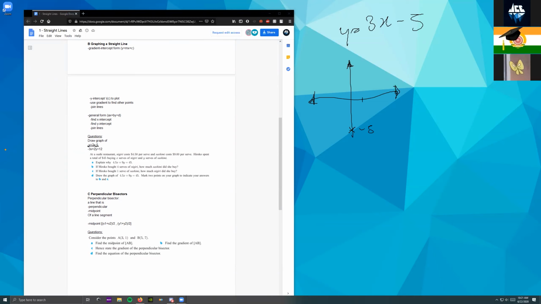If it's 3x, that means the gradient is 3, rise over run. Every time you move one coordinate, the coordinate moves upwards or downwards by 3 times. So if this is 1, the next coordinate would be at minus 2 right here.